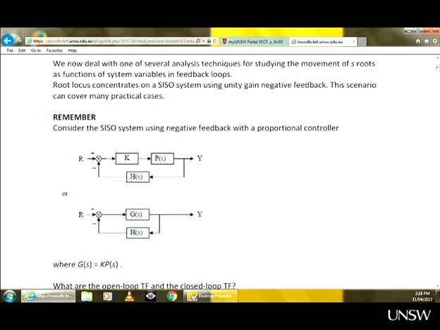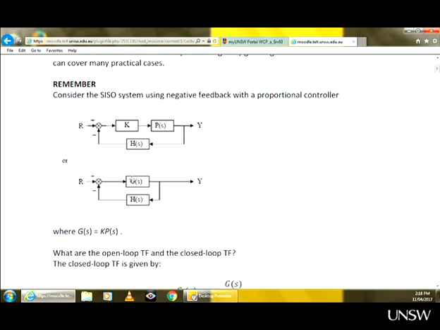Now, this k is actually the same as the k we had a few minutes ago. This is the parameter we want to vary in order to see how stable the closed-loop system is. But otherwise, k times P of s is what we know as G of s, the transfer function of the open-loop system.